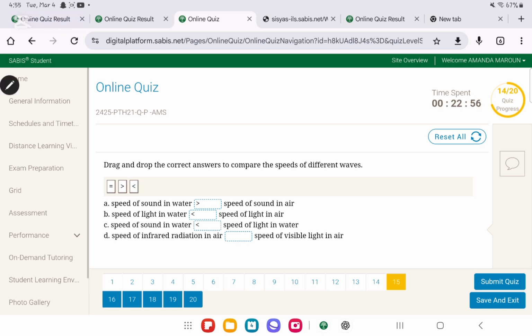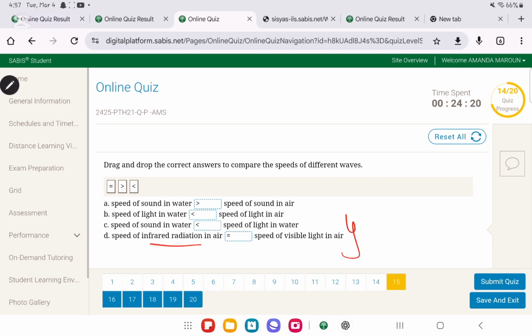And then finally, the speed of infrared radiation in air versus the speed of visible light in air. Here they are equal because, as you remember, they are traveling through the same medium, whether vacuum, air, solid, liquid, or gas, and because they are made of the same thing.